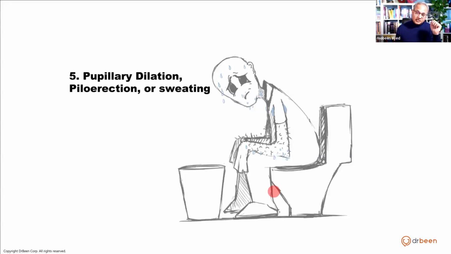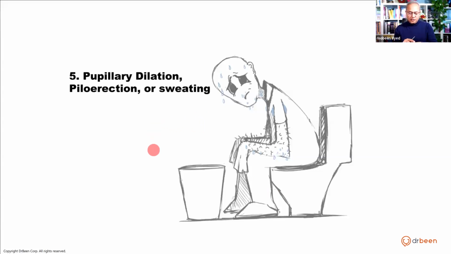Then pupillary dilatation. This is very important. Just like we know that when somebody is using opioids, they have miosis, or pinpoint pupils, similarly, when the opioids are reduced or stopped or antagonists are taken, there is a response which then causes pupillary dilatation. So pupillary dilation, piloerection.